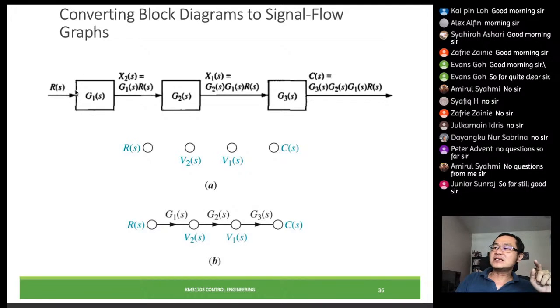Then since this signal goes through one block, we just draw one arrow to connect them from R into V, going through this, and we put G1 over here. Then from x2 into x1, going through G2, we write it in this form. Eventually we form the so-called signal flow diagram, converted from a block diagram.